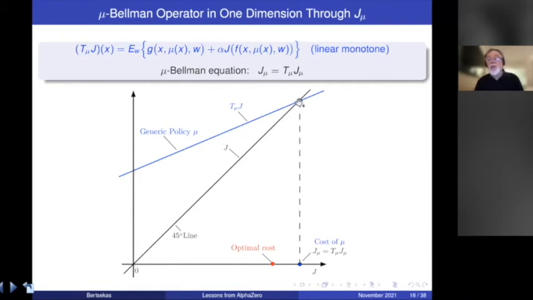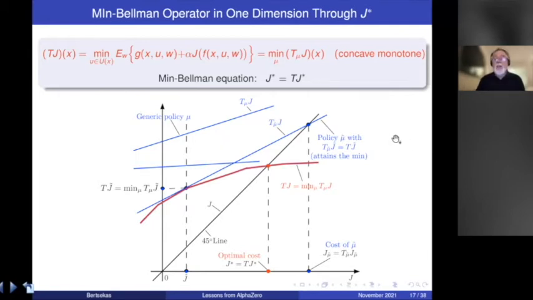And this is the fixed point of the operator T mu. It is the cost of mu, and it satisfies the Bellman equation. Of course, this cost has to be somewhere further to the right of the optimal cost. And all of these costs are to the right. There are many of these mu operators, and they're defined in a similar way.